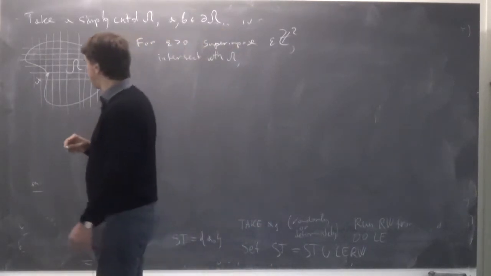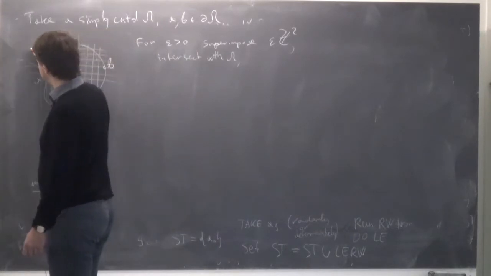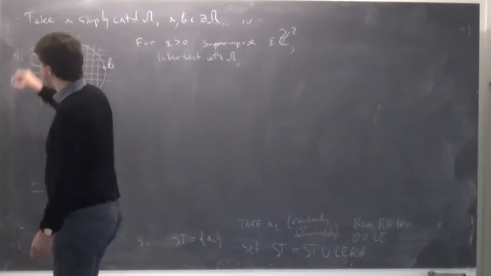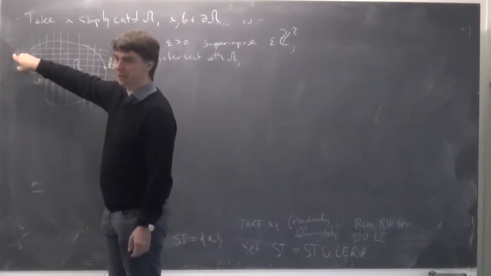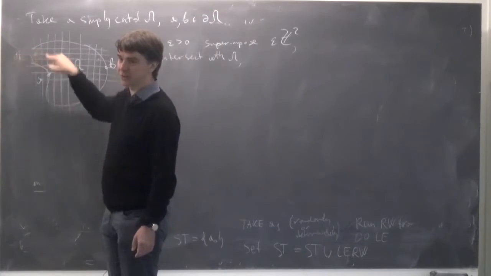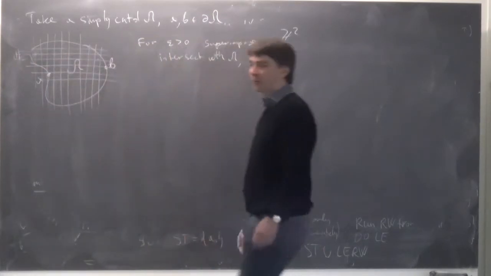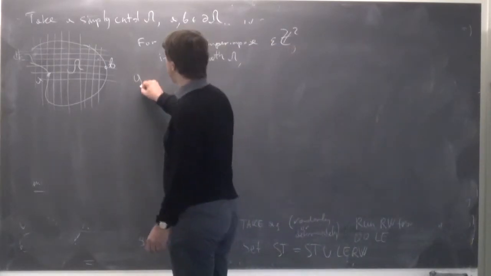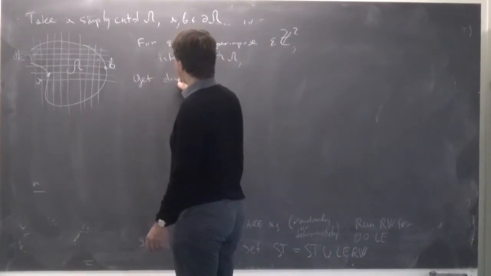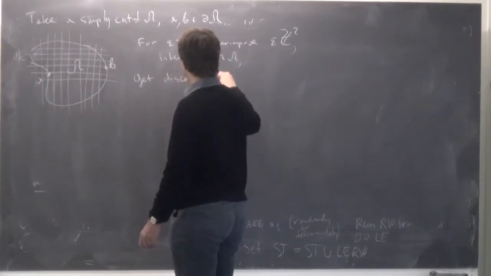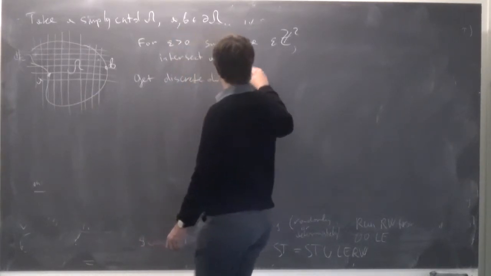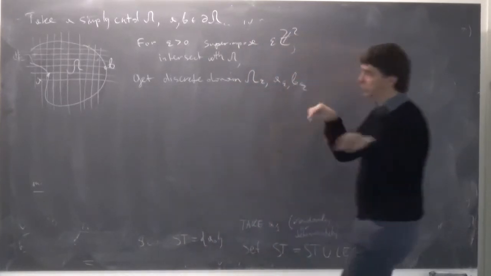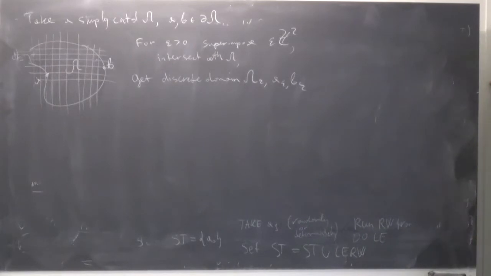Well, a priori, if you want to ask really boring questions, for some values of epsilon you can get disconnected things, where there is a part of the discrete domain which has two vertices, etc. So we just take the main component of it. So we get a discrete domain omega epsilon with boundary points A epsilon, B epsilon, which are A and B shifted by at most epsilon.